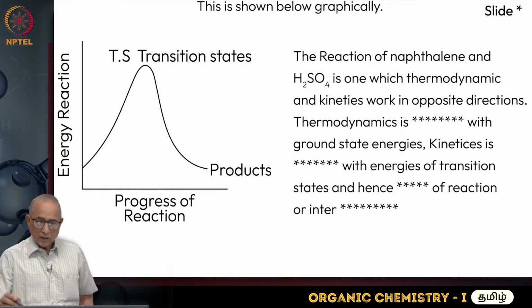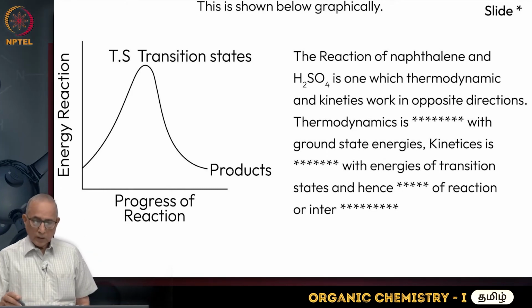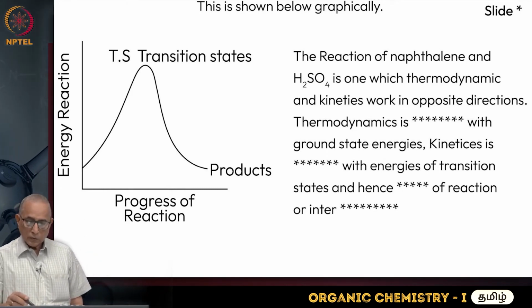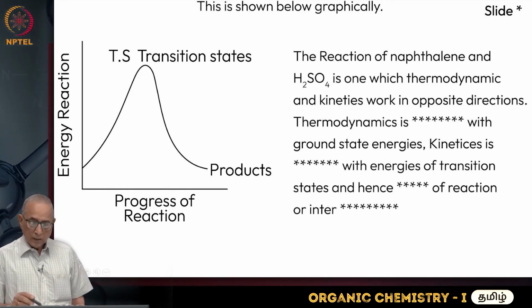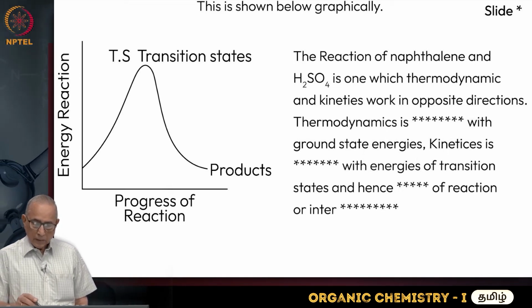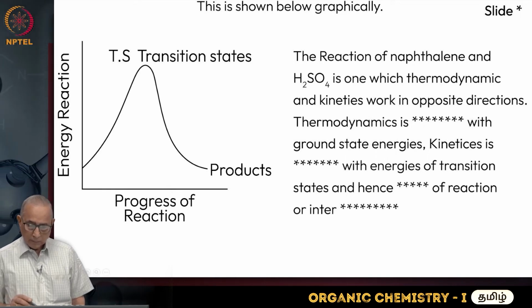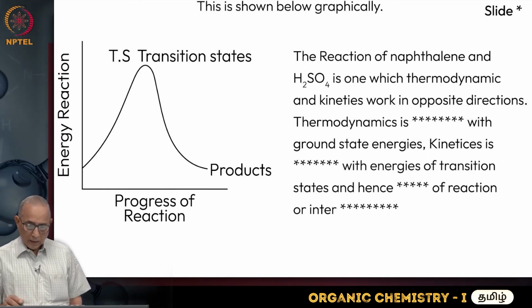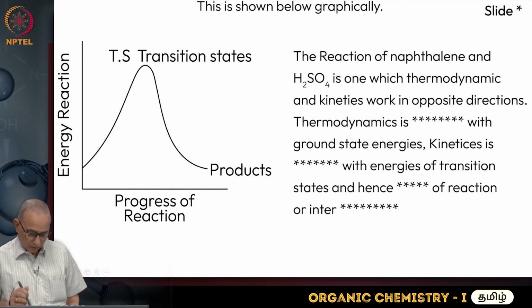The reaction of naphthalene and sulfuric acid is one in which thermodynamic and kinetics work in the opposite direction. Thermodynamics is dealing with ground state energies, kinetics is dealing with energies of the transition state. Hence, the energy of the reaction are interchanged.